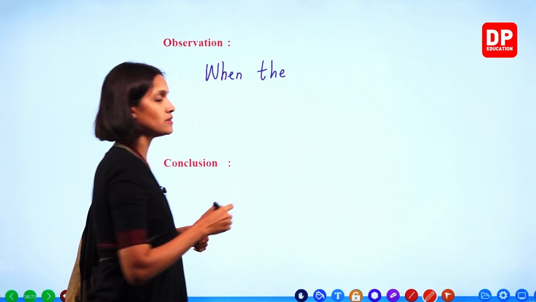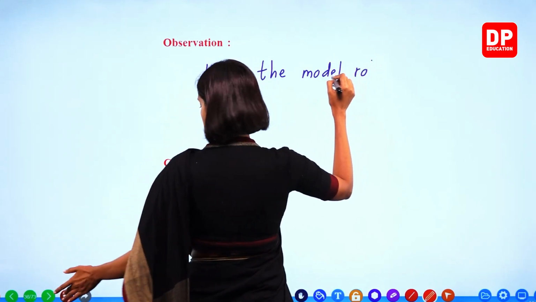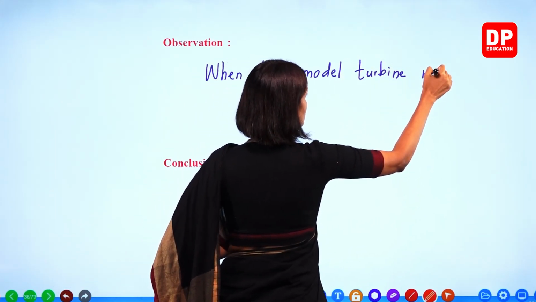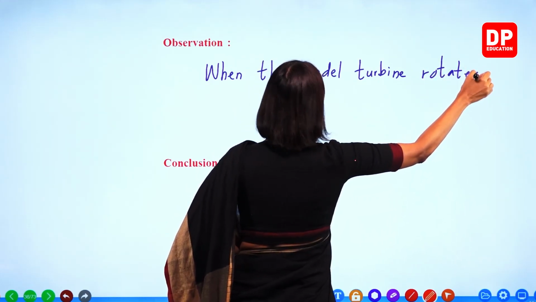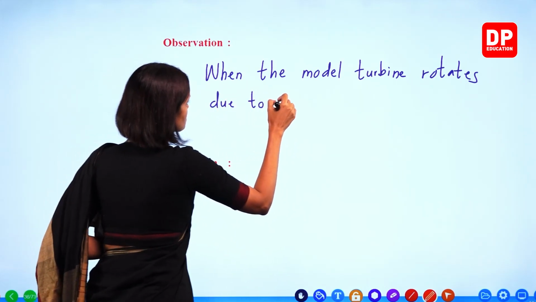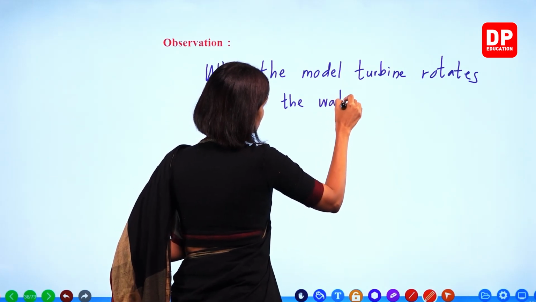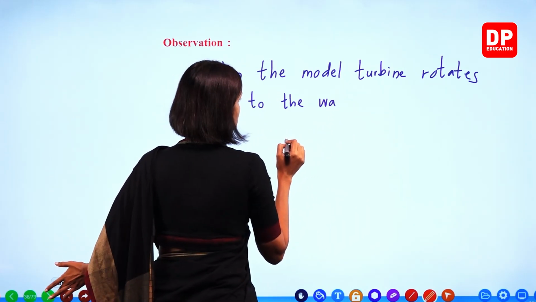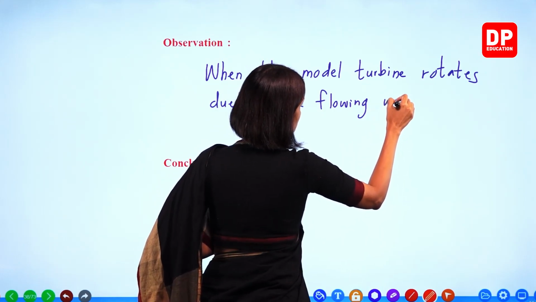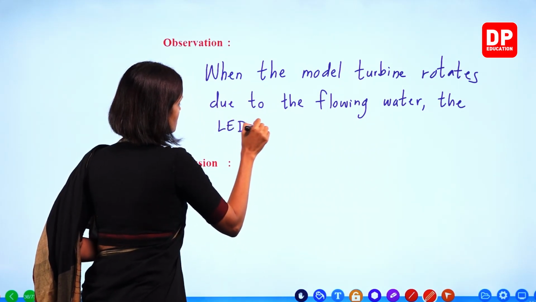We'll write: model turbine. When the model turbine rotates due to the flowing water, the LED illuminates.